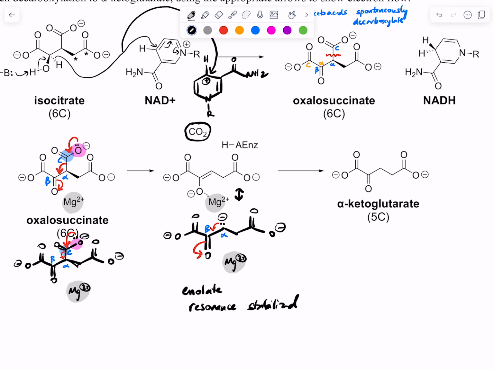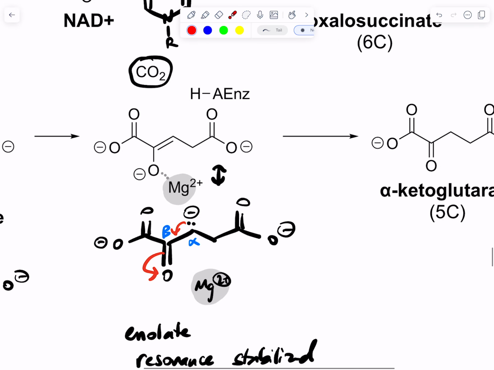Now to get to the product, what do I need to do? What's changed from the enolate intermediate to this product? Yeah, just protonate on the alpha carbon, right? You can do that if you want to use the enolate resonance structure on the top. You kick the arrows here, then the bond between these two carbons breaks and the alpha carbon gets protonated.